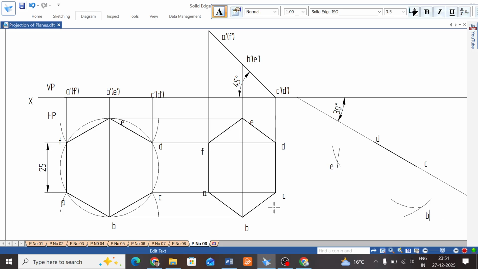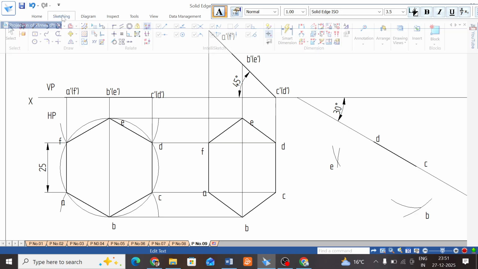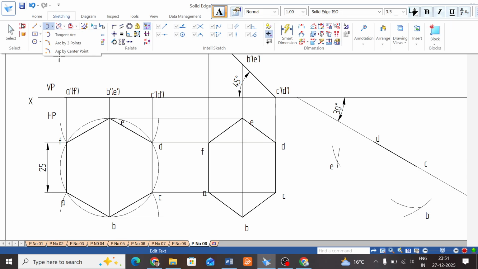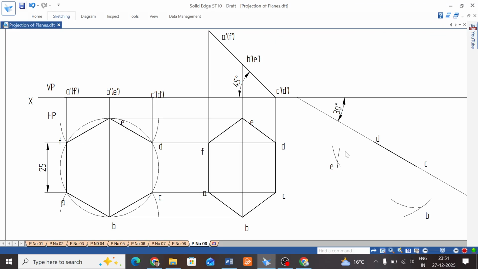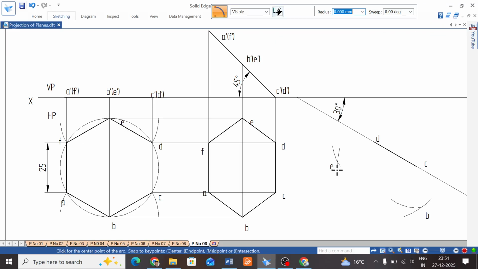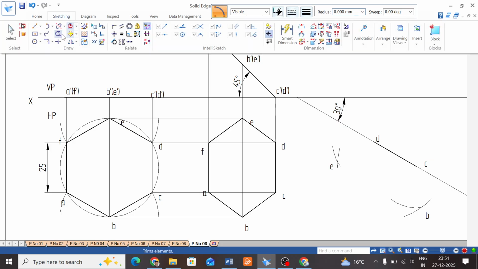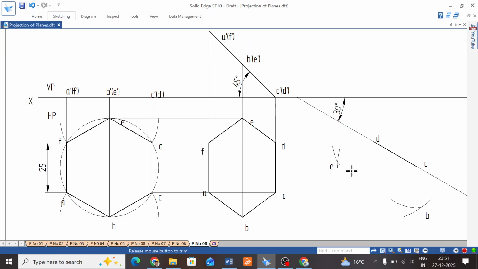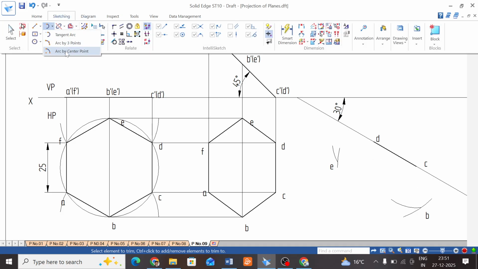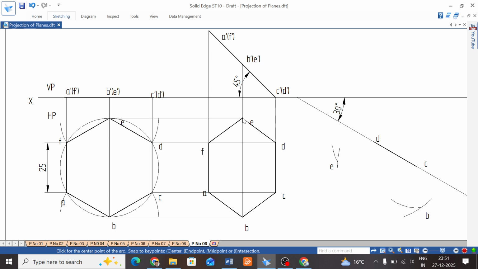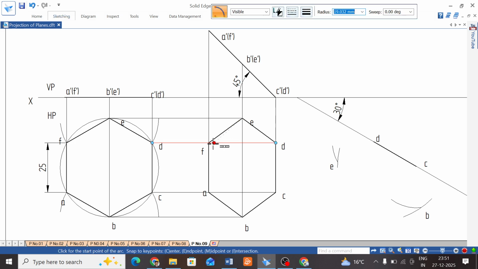Now to get A and F, use the intersection point method. Measure the distance with the compass, E to F. E to F is 21. Same way, B to A also 21.